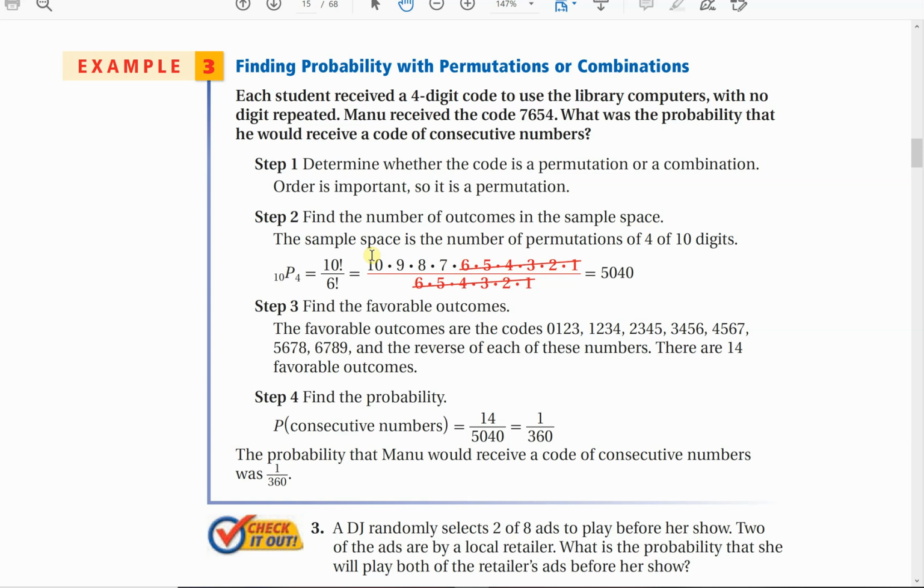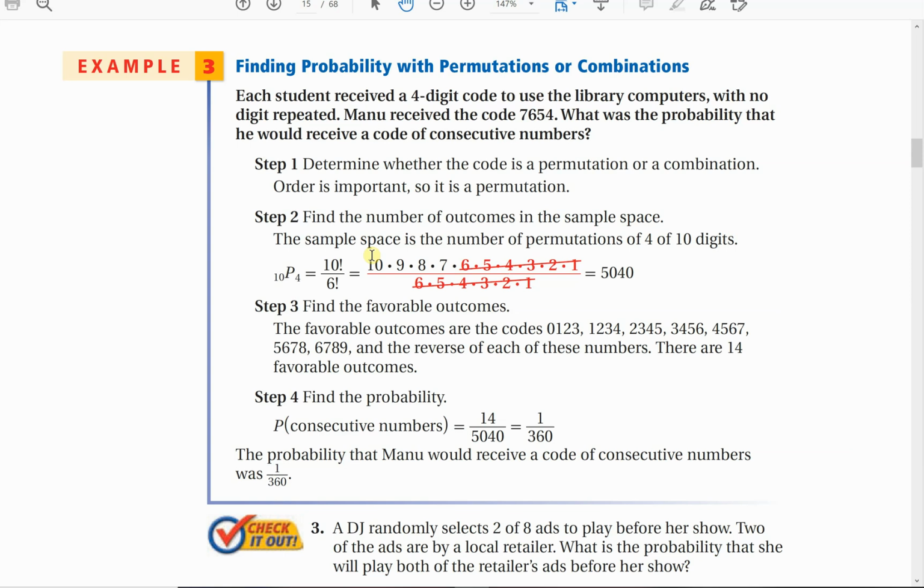What are all the favorable outcomes then? 0, 1, 2, 3, 1, 2, 3, 4, 2, 3, 4, 5, 3, 4, 5, 6, 4, 5, 6, 7, 5, 6, 7, 8, so on. There are 14 possible favorable outcomes. Why 14? Because consecutive, they didn't say whether we're counting up or counting down. So there's 7 ways to count up, and then counting down, there'd be another 7, so there's 14 possible ways.